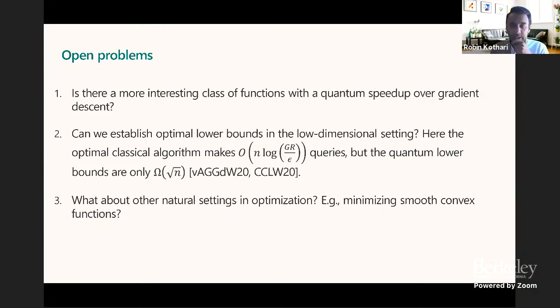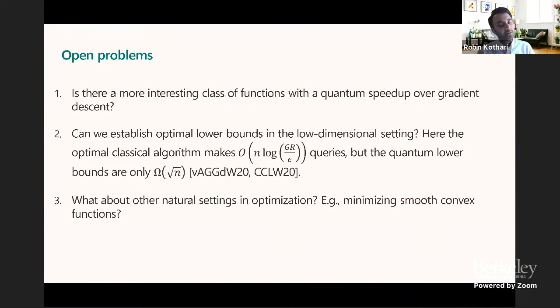Another interesting question that I didn't talk about at all, because I was considering this high dimensional setting where n was very large, is the setting where n is actually small compared to 1 over epsilon. That means you want a very precise estimate. Then you're not going to use gradient descent. You would rather use the other type of algorithm, the ellipsoid type of algorithm, which has complexity essentially linear in n.